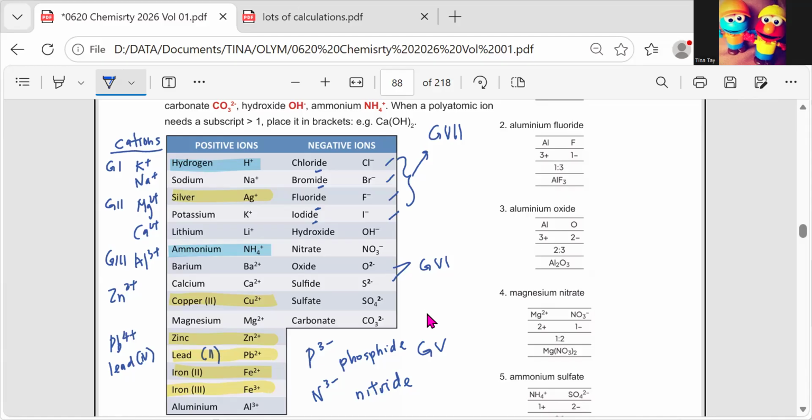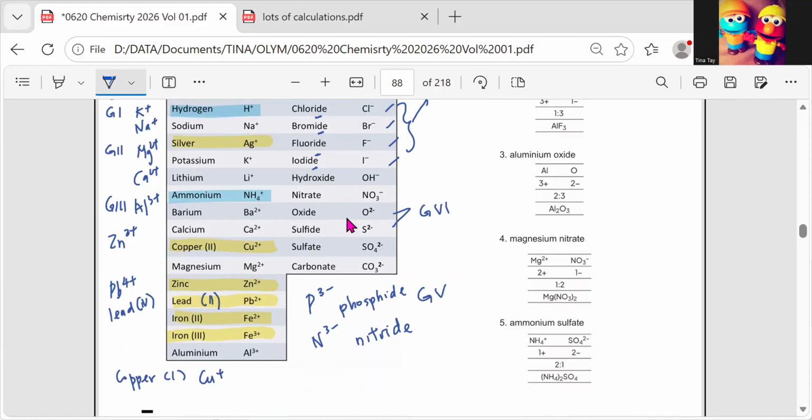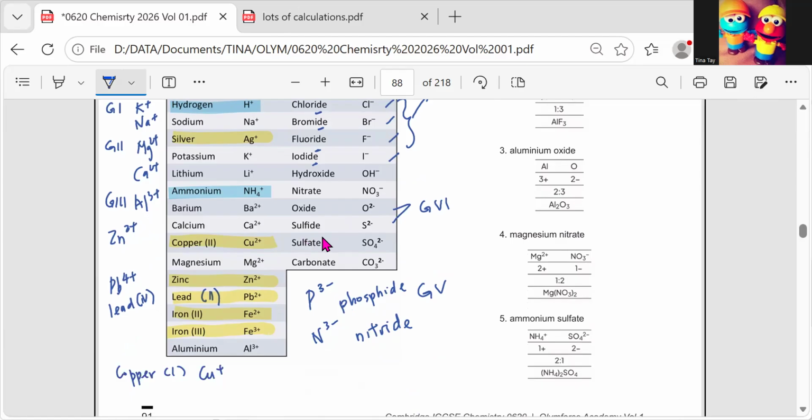Can you understand? All right. Now, this is when it's just the element, sulfide, oxide. Now what we do is we mix them up together.